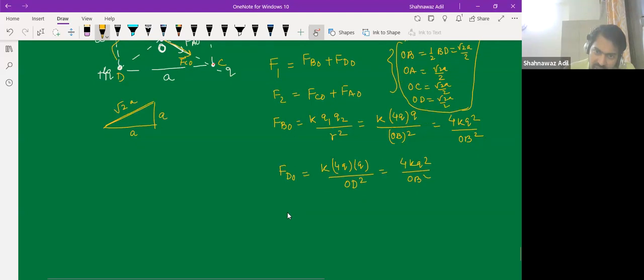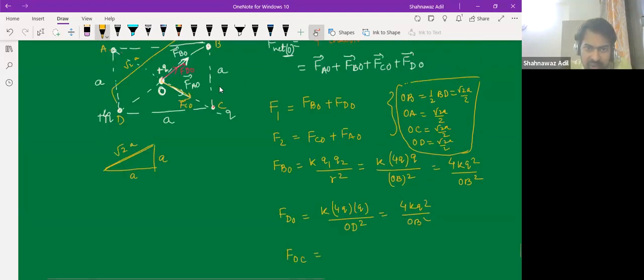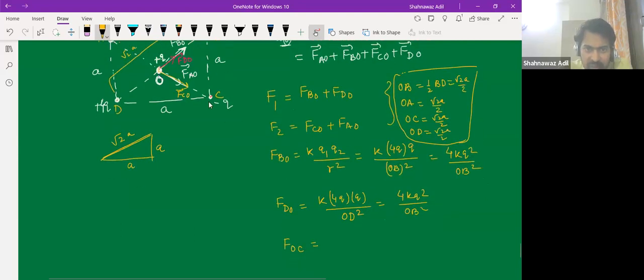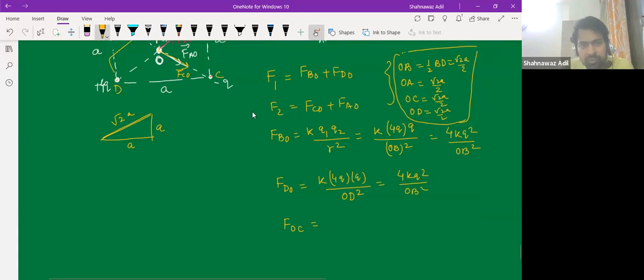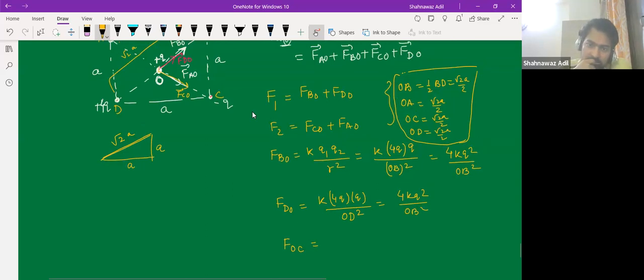Similarly, what is FOC? What is the magnitude of FOC? We're talking about the forces due to O and C. So what are the charges at O and C?